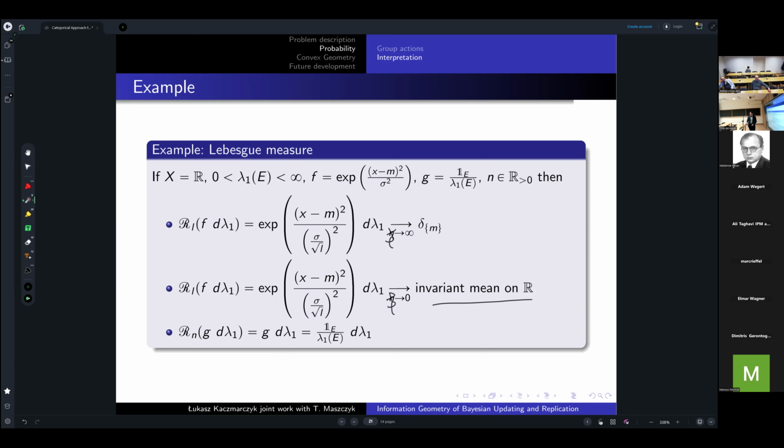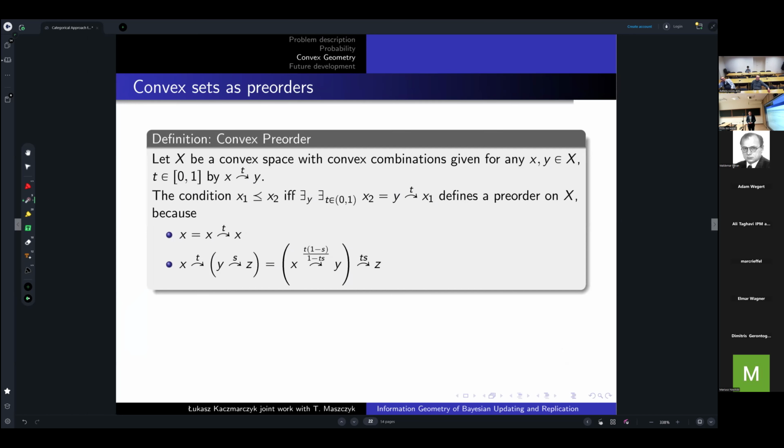I think I'll come back to it in a moment when we go to the geometric realm, because as the last thing that bridges probability and geometry, I was mentioning that the set of probability measures is a convex set. And I also mentioned that the relation of being absolutely continuous is a preorder.